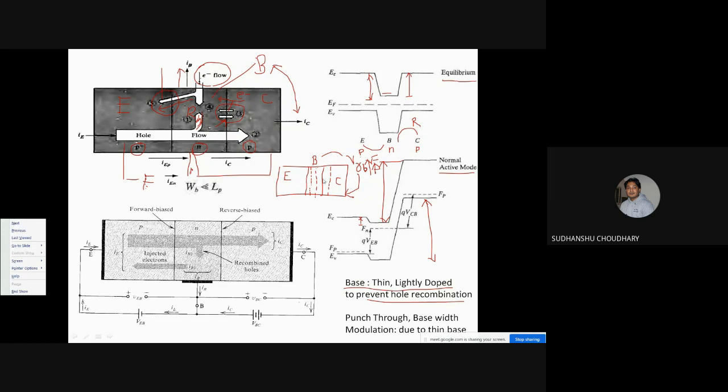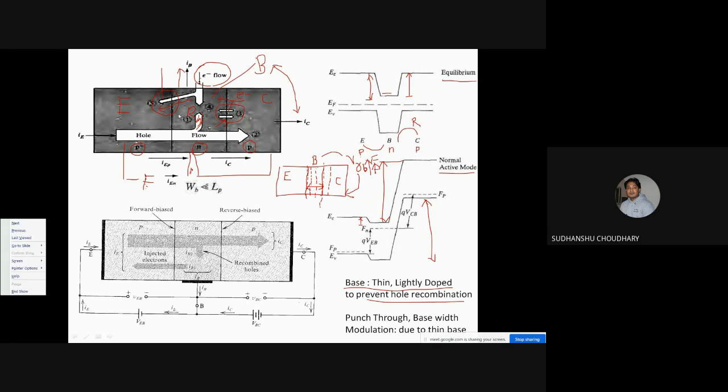And if this base is very thin, then the depletion region will cover the entire base. So we have the entire base covered by the depletion region because my base is thin.